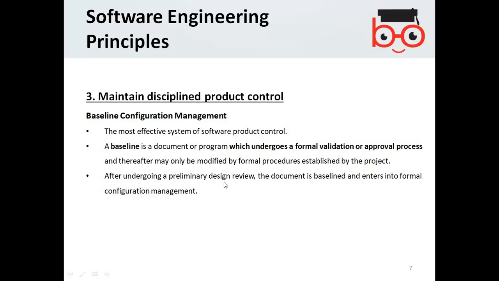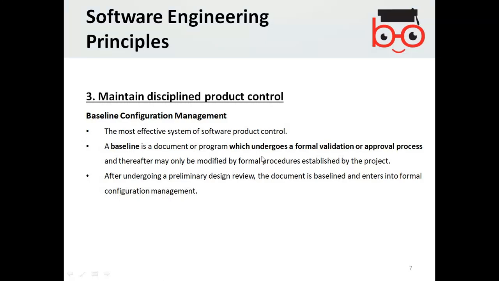After undergoing a preliminary design review, the document is baselined and enters formal configuration management. If the baseline configuration is maintained, then you are basically controlling the product. You are controlling the discipline of the product.